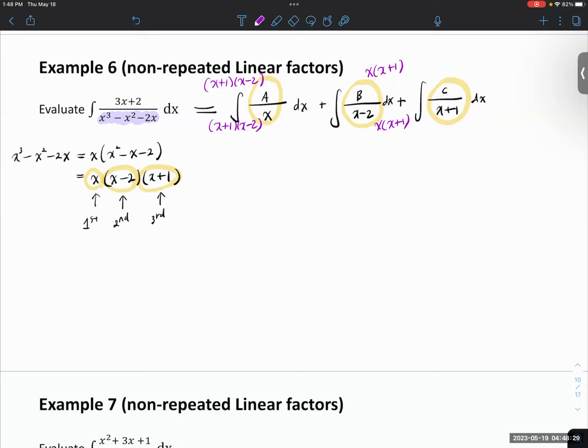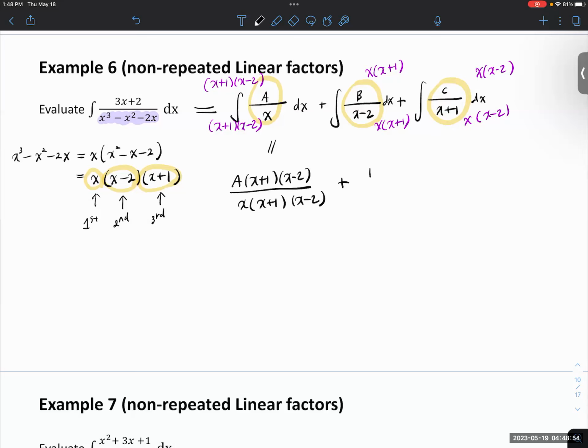And for the third fraction, you're going to multiply x times x minus 2, top and bottom. So if you do that, let's see what happened. The first fraction: a times x plus 1, x minus 2 over x times x plus 1, x minus 2.